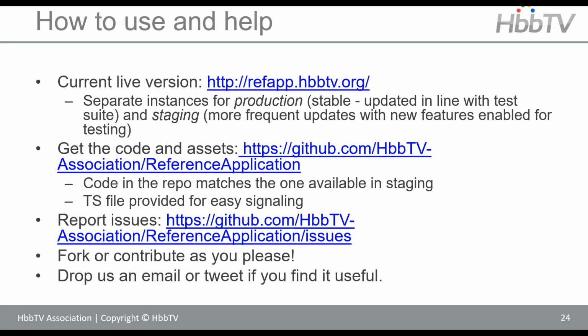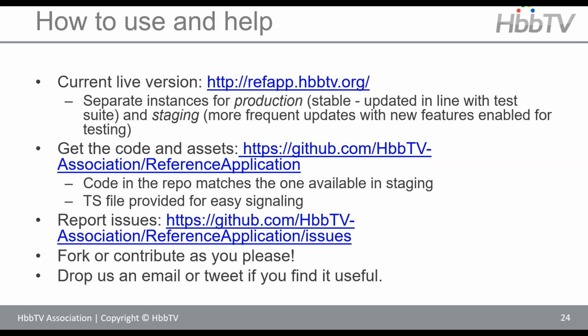And here are some instructions on how to use it and how to help in the development. The current live version is always available at refapp.hbbtv.org. There is a separate instance for the production version, a stable version that is updated in line with the test suite, so only a few times per year.